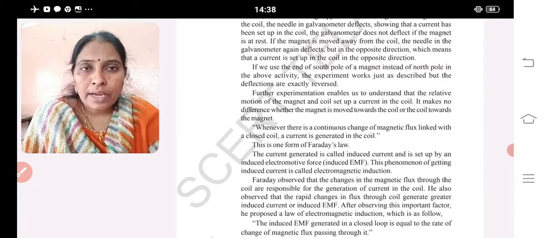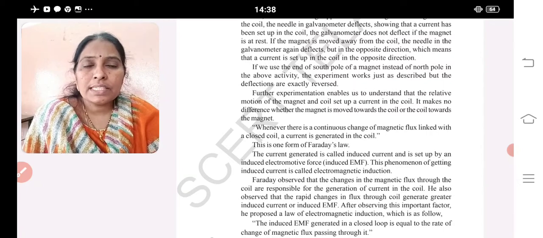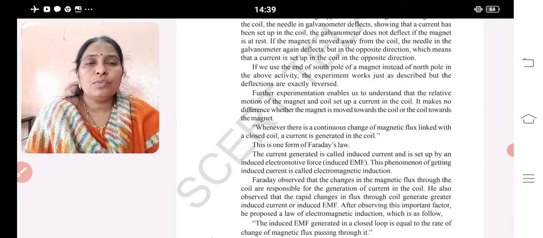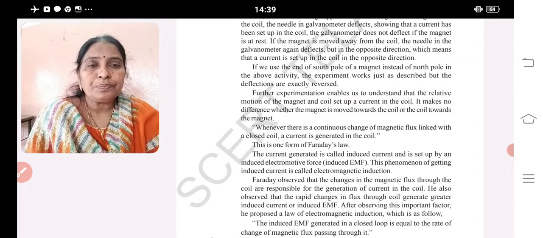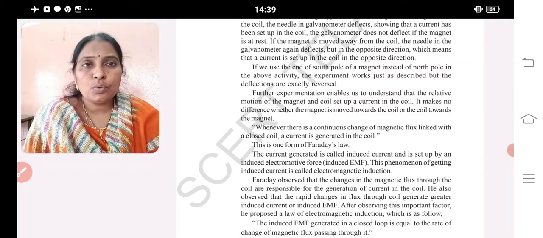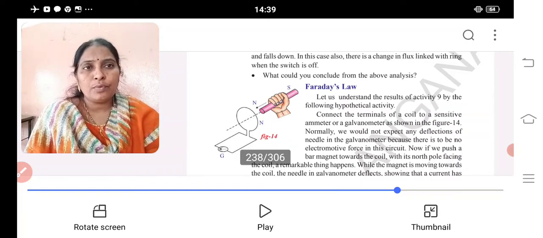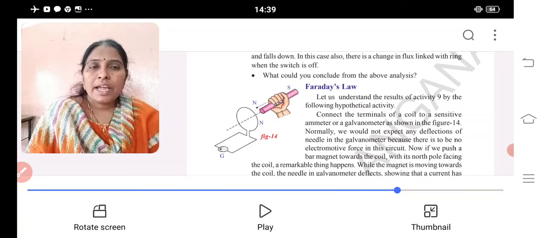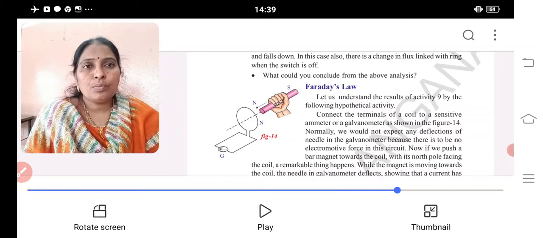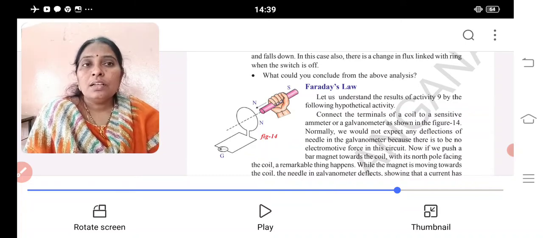He took a copper wire, and the two ends of the copper wire are connected to the galvanometer, which shows the amount of current. Then he took a magnet. Let me show you the diagram, figure 14. He moved the magnet near the copper wire ring connected to the galvanometer. What happens? We saw a deflection. What does it show?